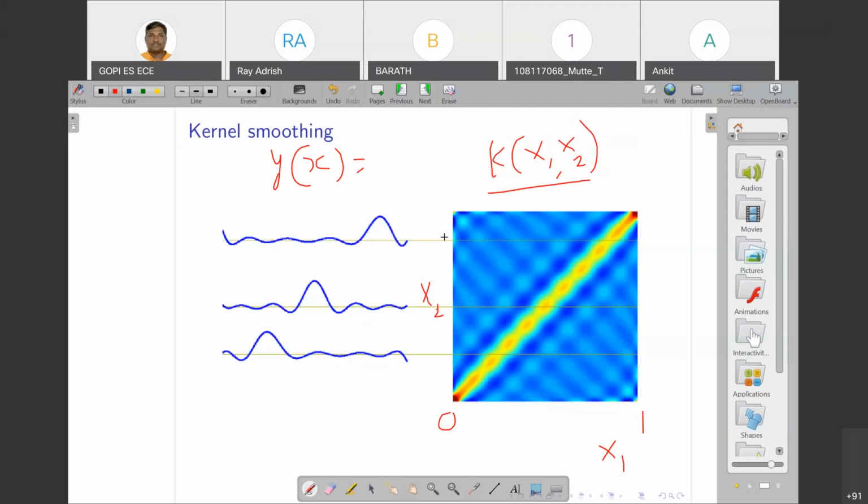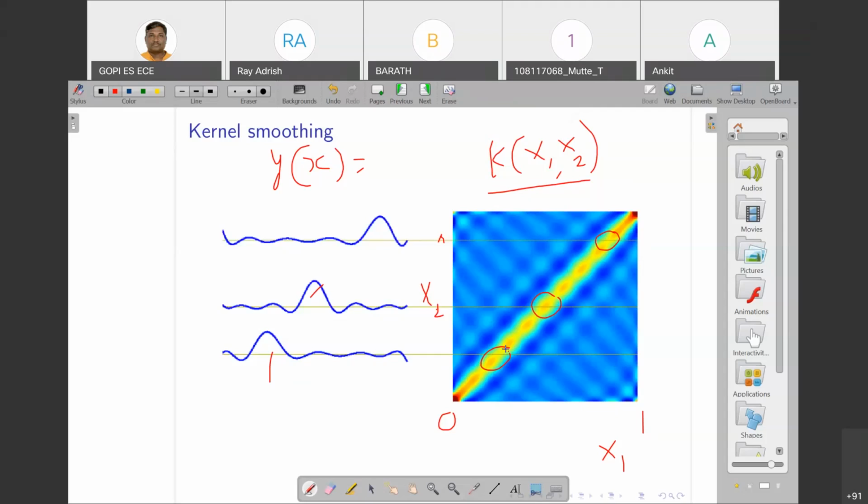If you take one particular row of this matrix and plot it as a 1D plot, you get this peak. This peak corresponds to this region, and this peak corresponds to this region. So what you see on the left side is just a 1D plot of what you see on the right-hand side in image format.